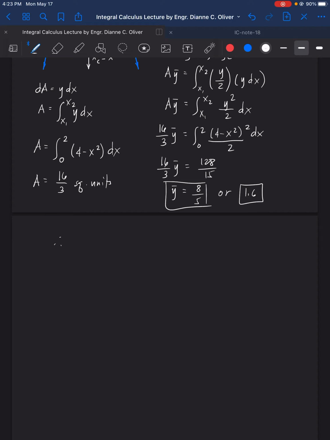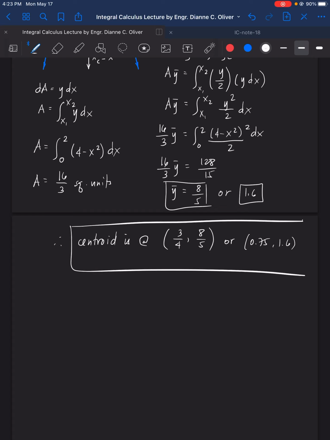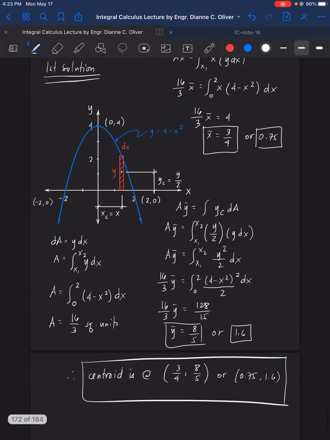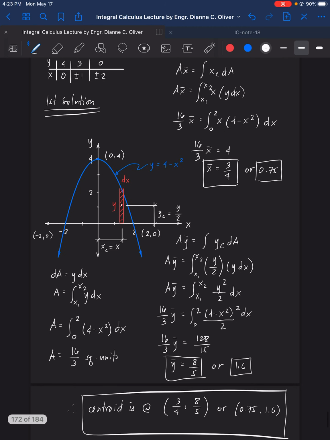Therefore, the centroid is at 3/4 and 8/5, or that is 0.75 and 1.6. So that's for the first solution.